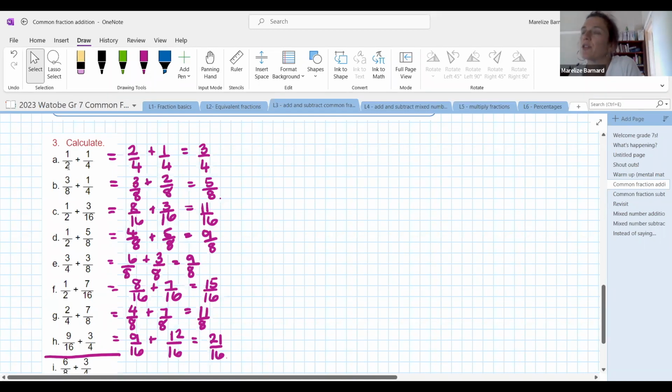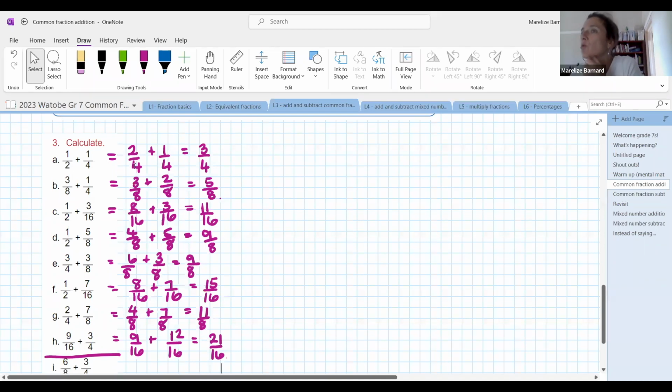So I'll quickly explain this again. We changed these to the same kind of fraction. So we have halves and quarters. Because the denominators are multiples of each other, one way to think about it is how many quarters are in a half.